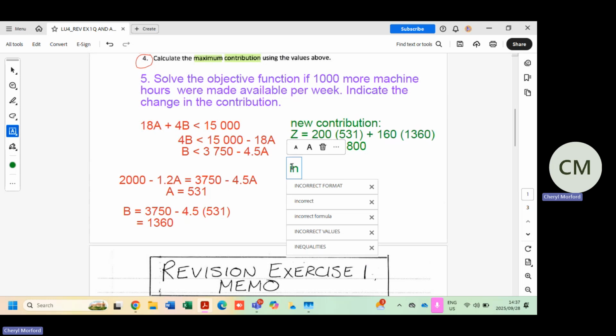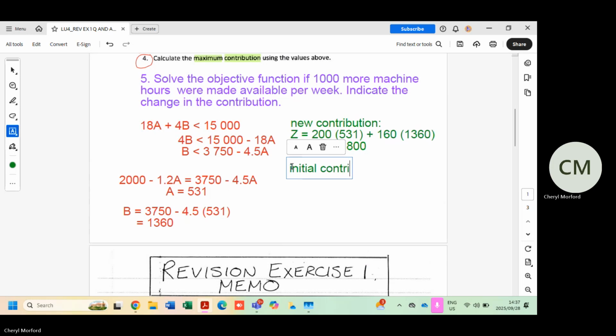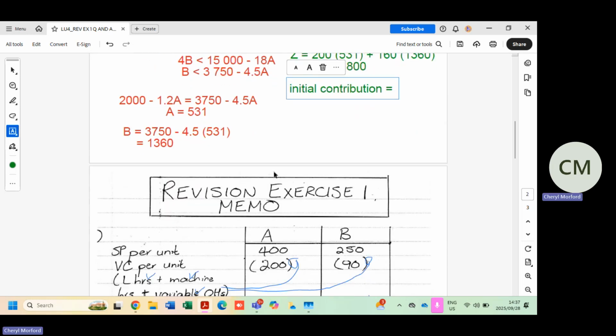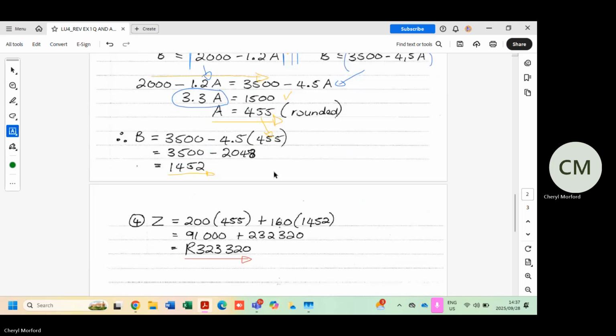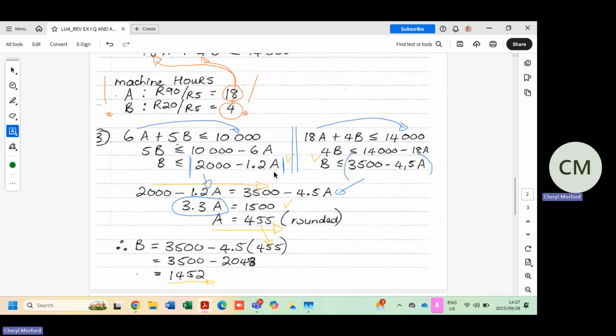Let's see what our initial contribution was. And we can find that over here, 3,223,320.